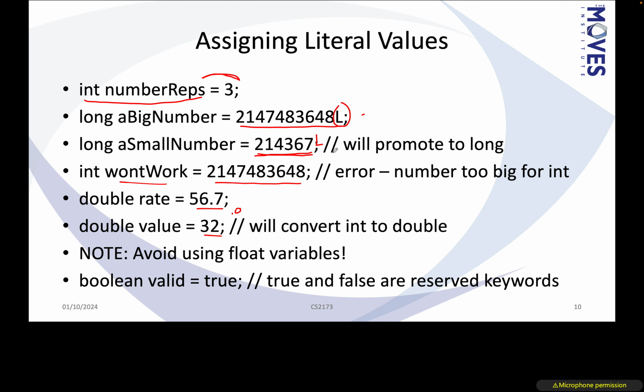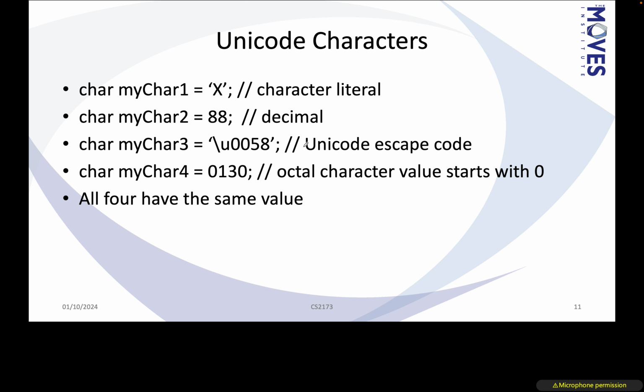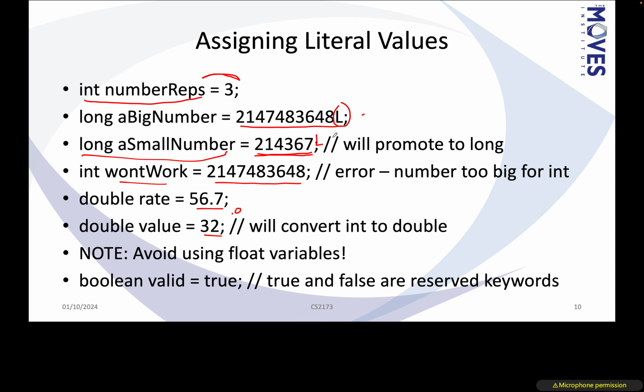But what is my intent here? My intent is, since I'm assigning this to a long value, did I really intend this to be a long or an int? In other words, what I'm encouraging is to have coherence between the value that you're creating and the value that you're assigning, and not to rely on the automatic conversion.